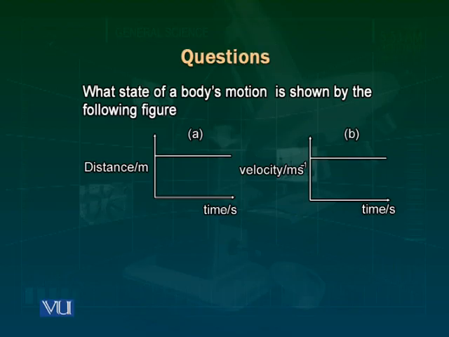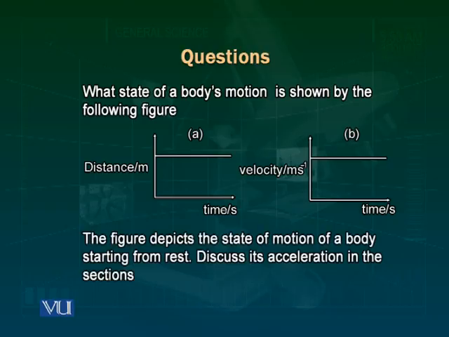Again, the line is parallel to the x-axis. That means the object's velocity is not changing. It's not a distance time graph, it is a velocity time graph, and the information you're getting out of it is that the velocity of the object is not changing with time. So this figure represents something moving at a constant speed or a constant velocity. A car moving along a road at a constant speed will give us this graph.